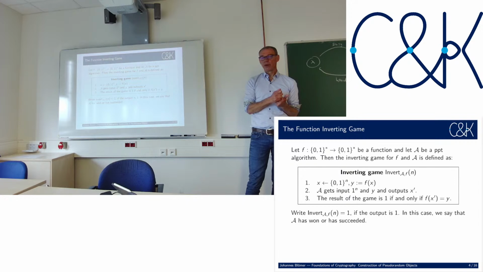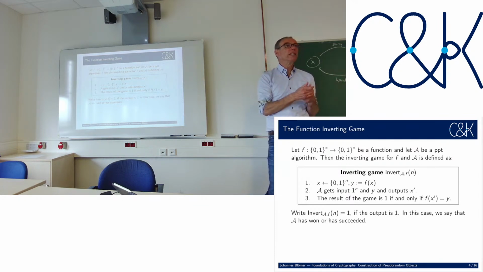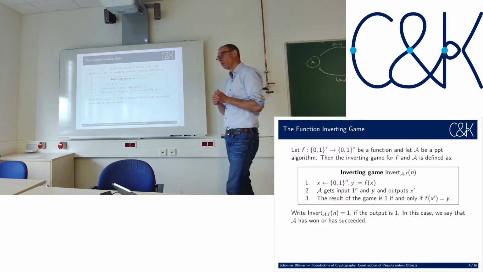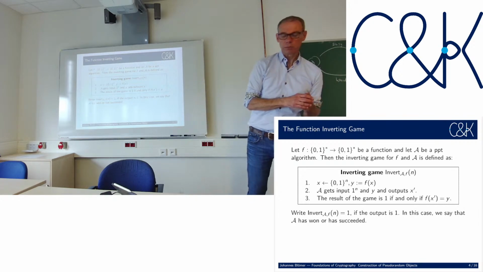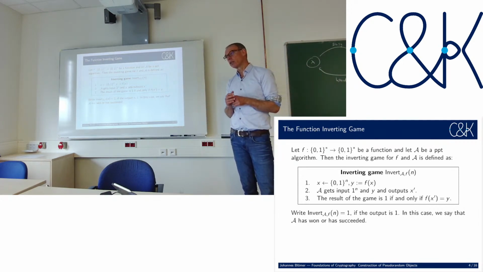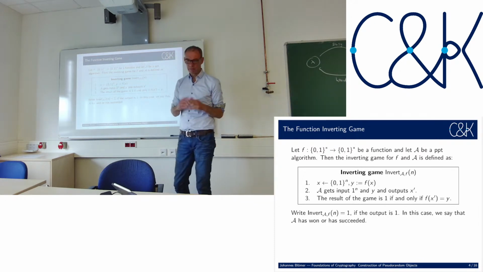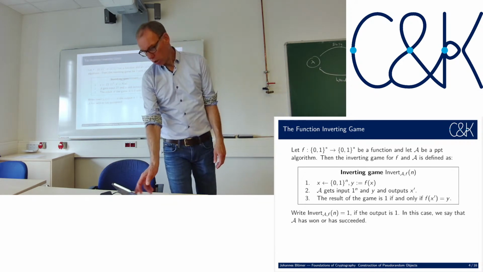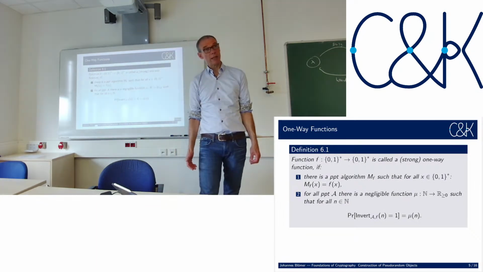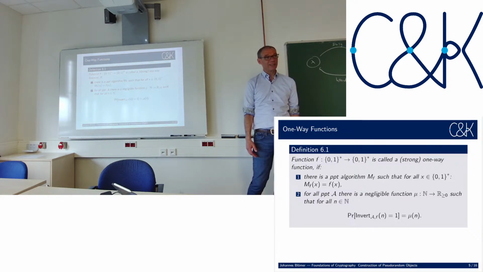That seems to be very strong, because there may be images for which it can be very easy to construct pre-images. There may even be many images for which it is easy to construct pre-images. If you think about it, this seems like a very strong requirement, and that makes it maybe a little bit harder to believe that these things exist.